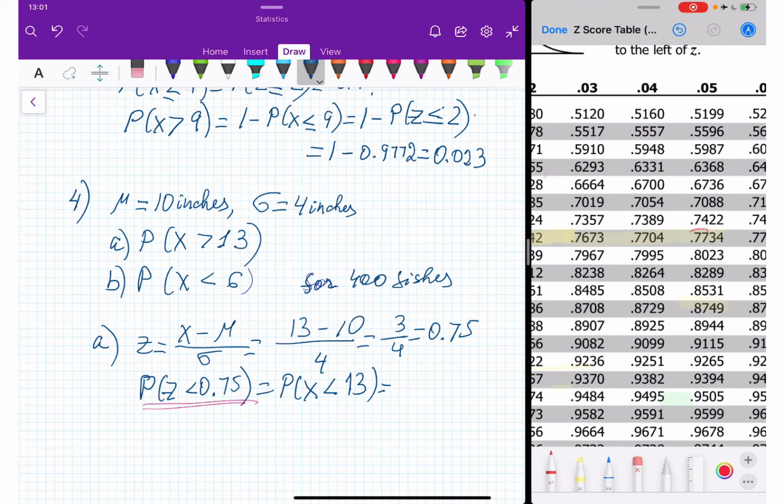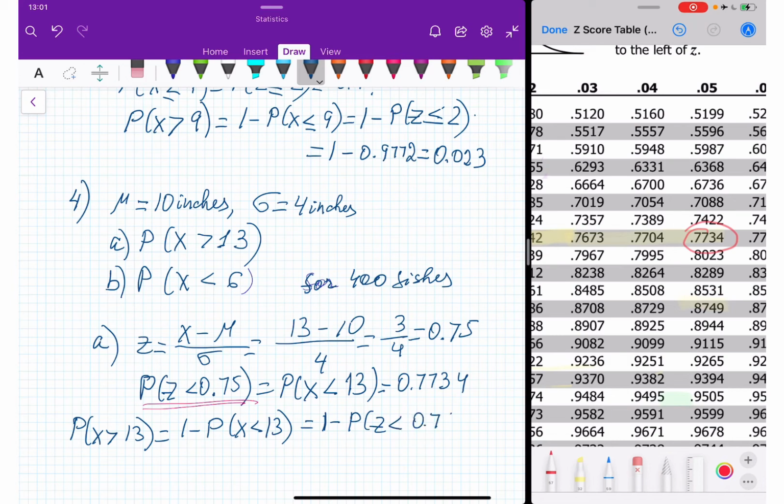And this is 0.7734. So then, probability for x greater than 13 is equal to 1 minus probability for x less than 13, which is the same thing as 1 minus probability of z-score less than 0.75.